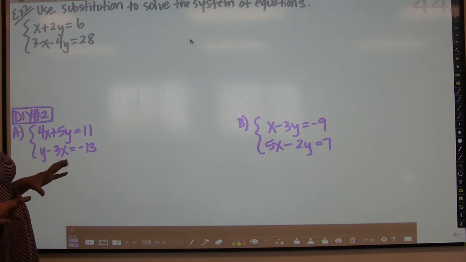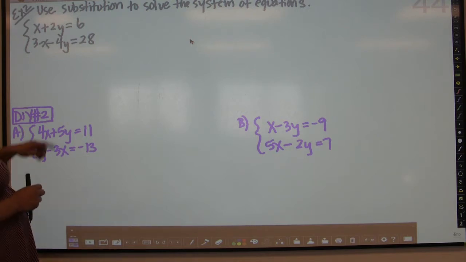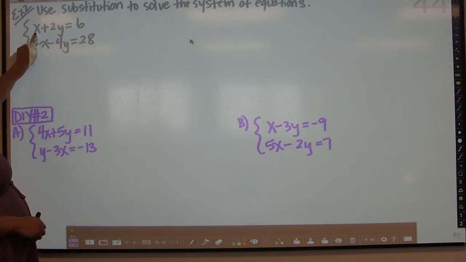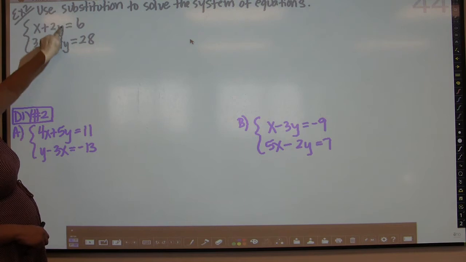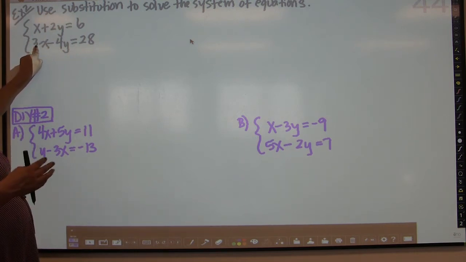It doesn't matter if you choose x or y, but you always want to choose a variable that has a coefficient of 1. So the variables with coefficients of 2, 3, and -4 are probably not good ideas for me. So I'm going to choose the variable that has the coefficient of 1.